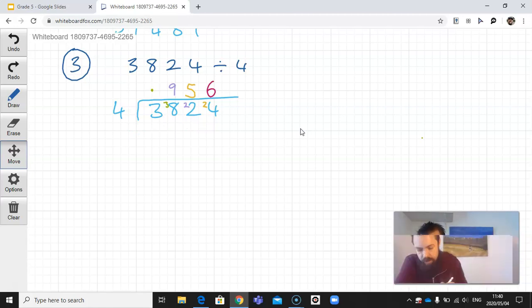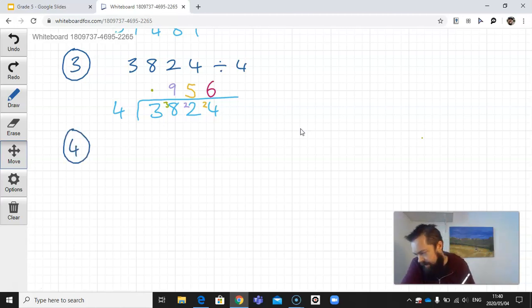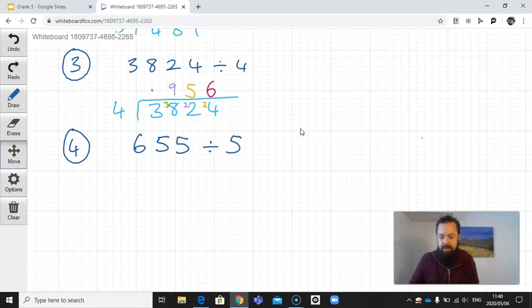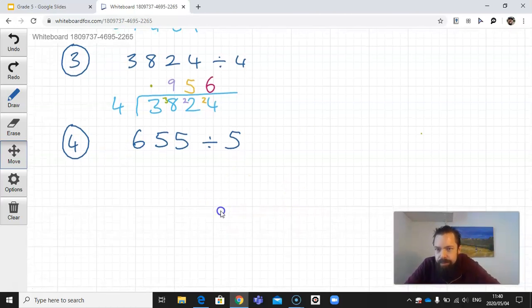Right, number 4, on your own. I will give you 40 seconds to get this one done. I've chosen an easier times table, one with 5 in it. So if you know your divisibility rules, you'll be able to tell immediately that that's going to be divisible. Right, get going with that one. You've got about another 35 seconds.